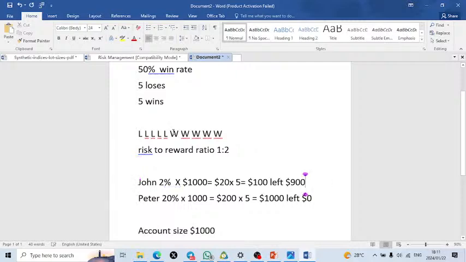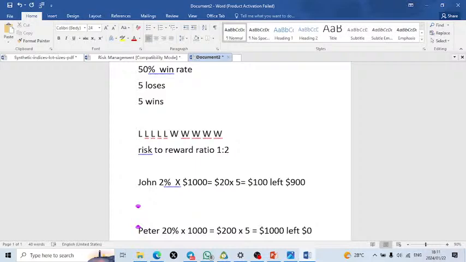This one, when he's winning, he's gonna win what? We said he's risking 1:2, so that means his wins will be 4%. So when he starts to enjoy the wins, this one is winning 4%. So if he's risking $20, that means if we are having a risk to reward ratio of 1:2, his reward will be 2 times the risk.